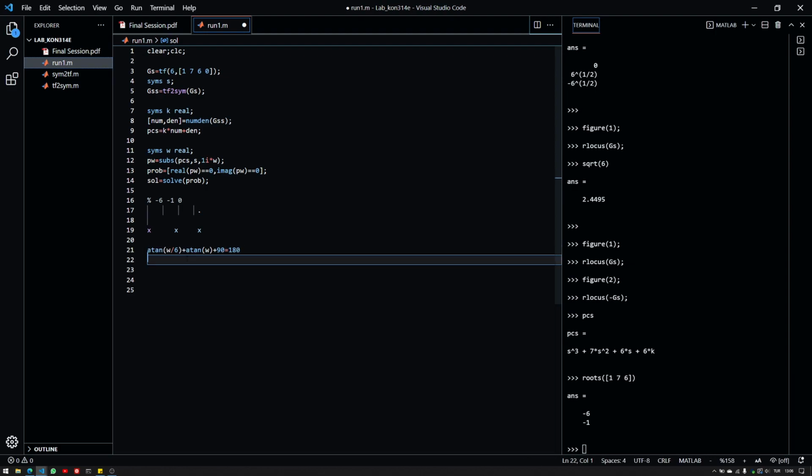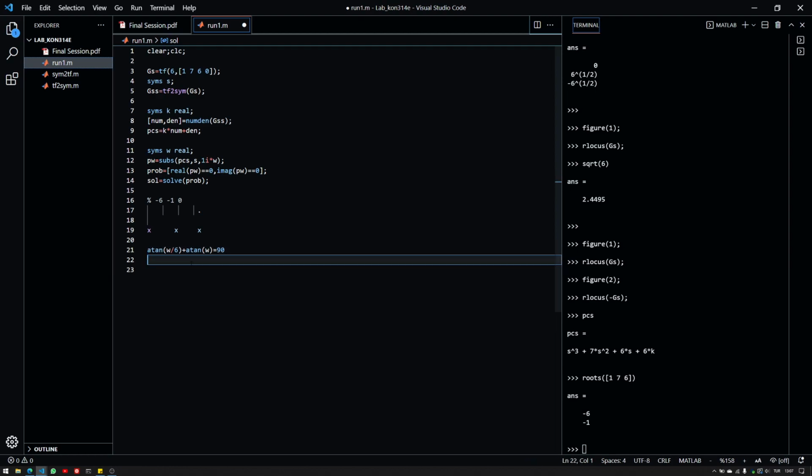For this angle condition, you should basically have a rough sketch of your root locus plot. Once you've done that, remember that we are looking for the point where j omega is. So yeah, for this angle condition, you can directly see that this sum should be equal to 90 degrees.